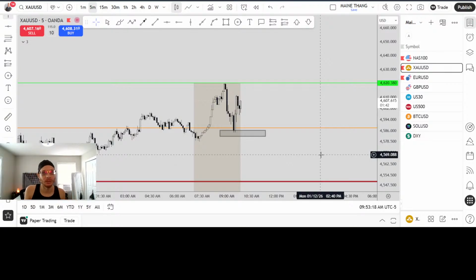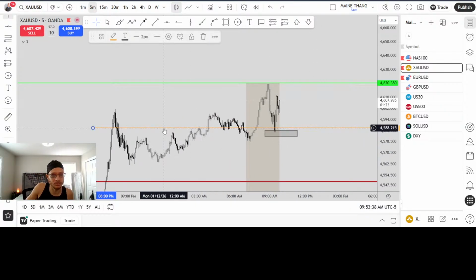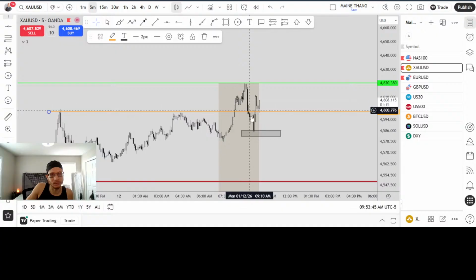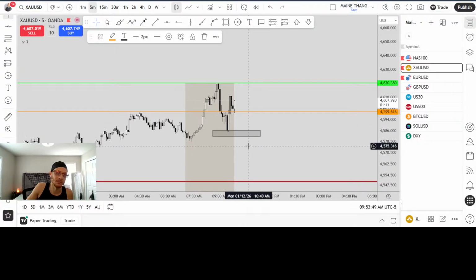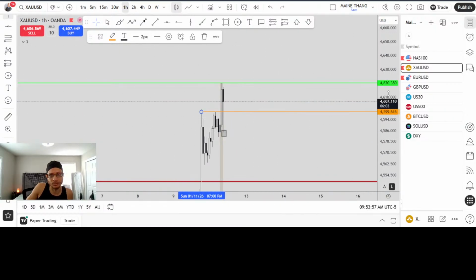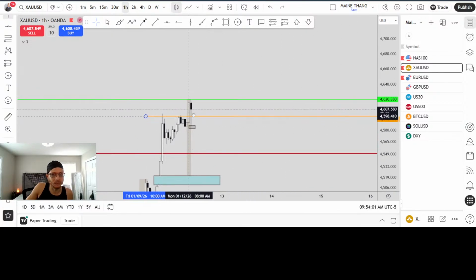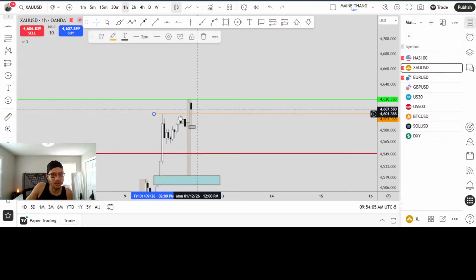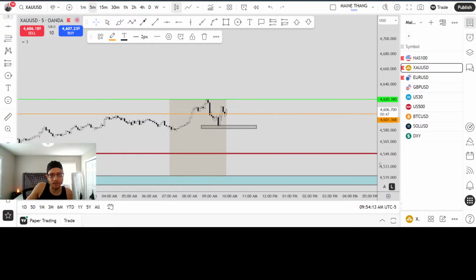See what gold's doing, y'all. Even if we didn't use the bodies and we use this wick, we got the indication in one candle. So really this will be the correction.